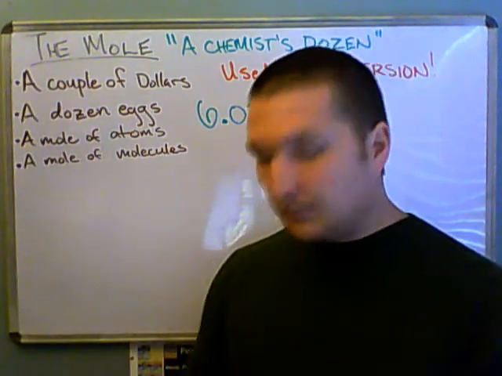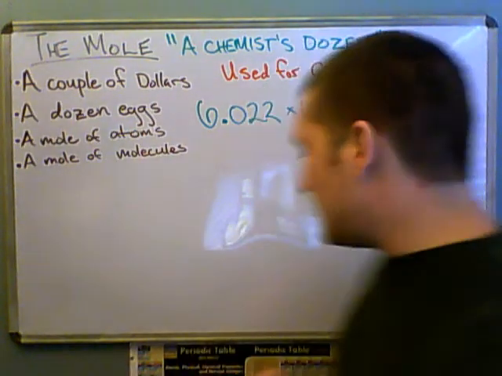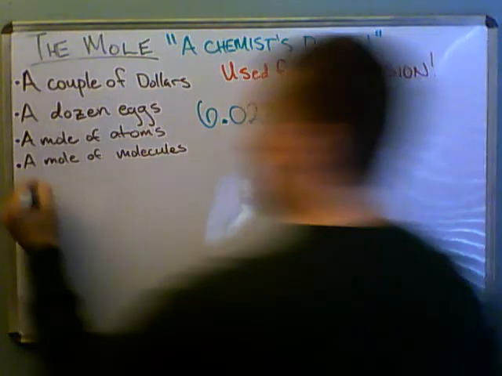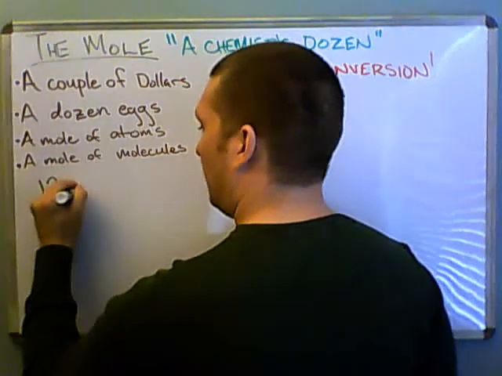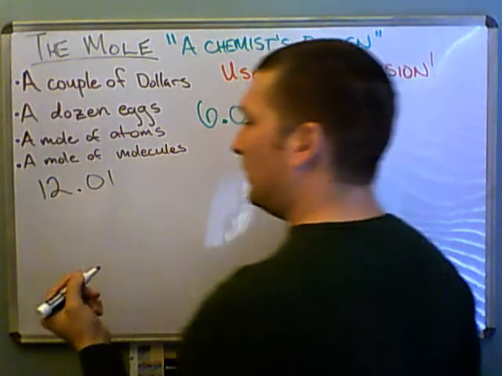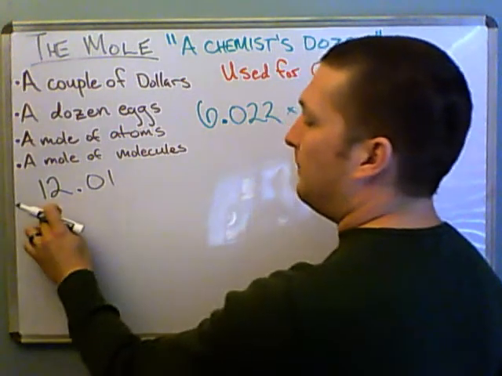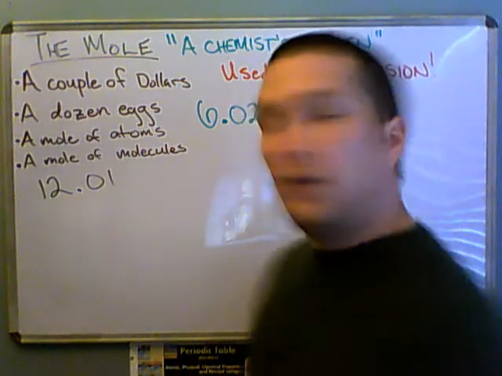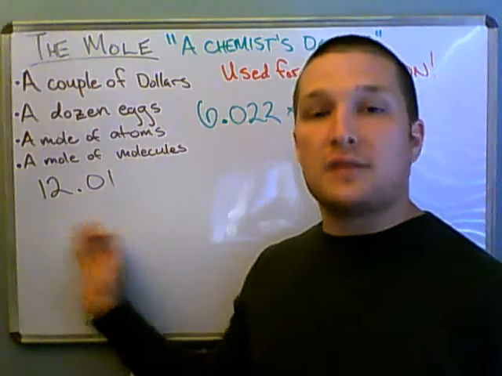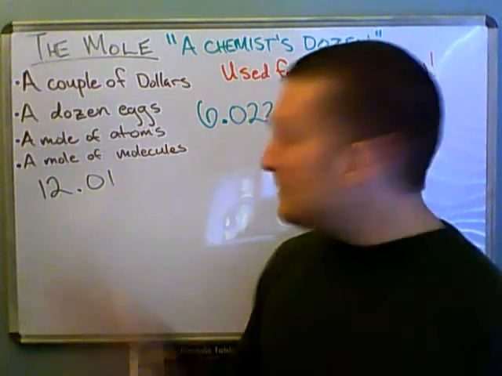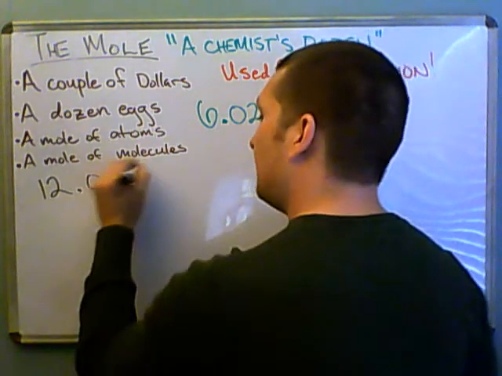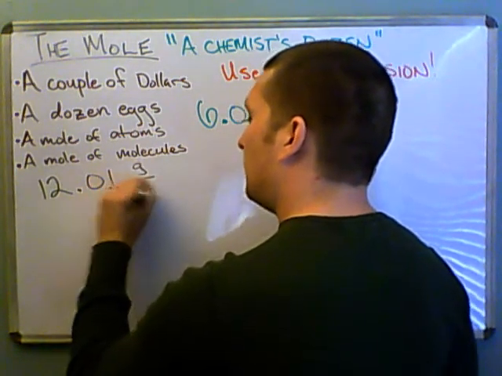Now, if you look on your periodic table at carbon, you're going to see this number, 12.01. Now, you might have a different periodic table. It might be 12.011 or whatever. It's going to be right around this ballpark. What this number stands for right here is grams per mole.